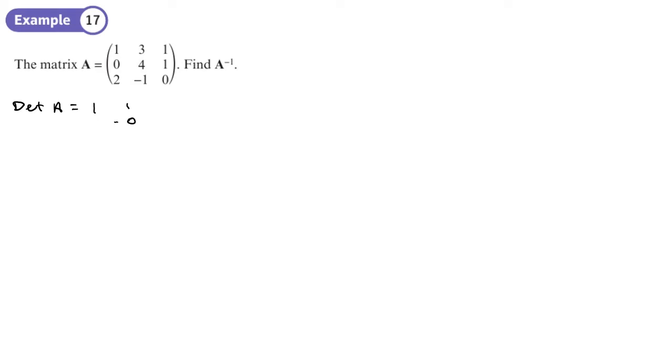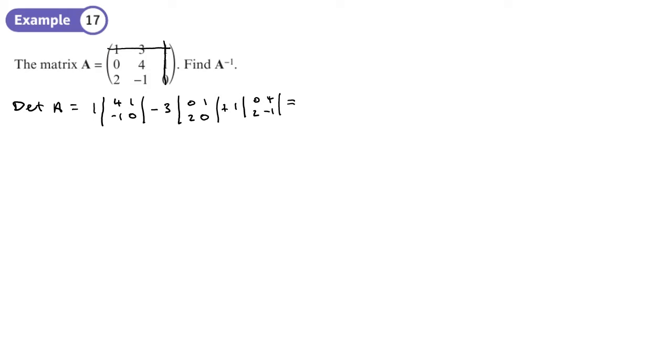So 1 times its minor, 4, 1, negative 1, 0, minus B times its minor. That means crossing out that and that, which leaves me with 0, 1, 2, 0. And then element C times its minor. So we'll cross that out. So plus element C, which is 1, 0, 4, 2, negative 1.